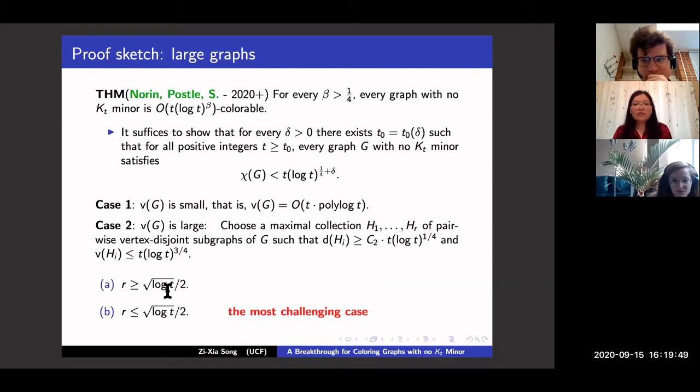Now in this case, we have two situations. One, I have enough pairwise disjoint subgraphs I can select, and the other is I don't have this many. The second case is the most challenging one, so I'm going to show you in a little bit how this one works.